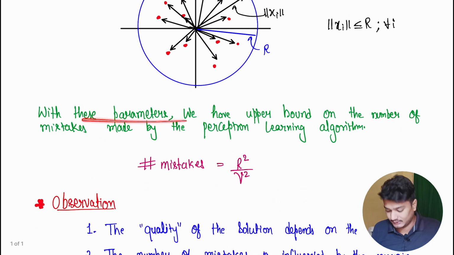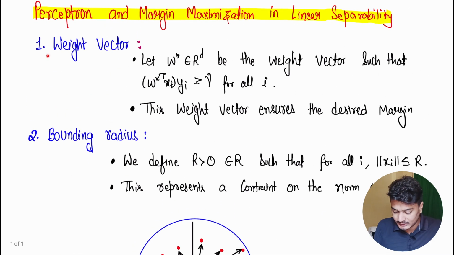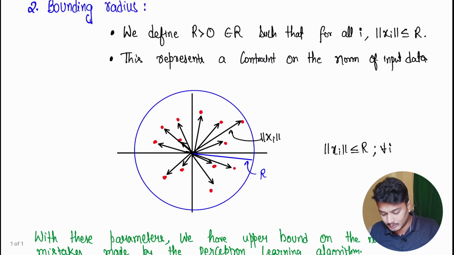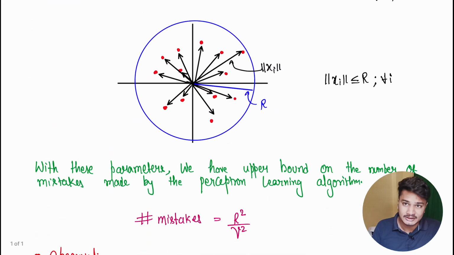With these parameters, one being the weight vector and the second being the bounding radius, we have an upper bound on the number of mistakes made by the perceptron learning algorithm.